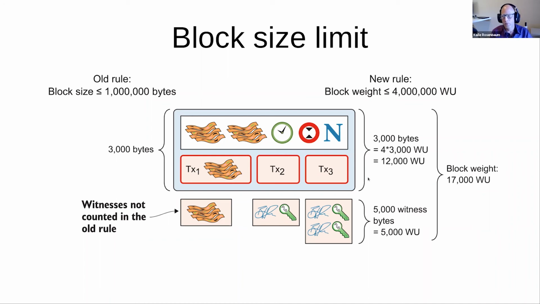So we now calculate stuff differently. If we have a block that doesn't contain any witness transactions, so we only have old transactions in this block, a SegWit node would count exactly as the old nodes, so to speak.